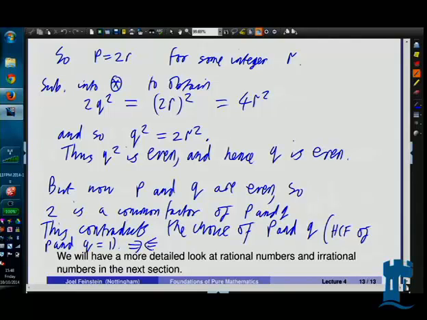But we only made one dodgy assumption, which was that the square root of 2 was rational. Everything else we've done is a perfectly fair deduction from that, and we've got a contradiction. So assuming that the square root of 2 is rational leads to a contradiction, so it can't be true. And that's the bit that not everybody accepts. There are mathematicians who don't accept that statements are either true or false.